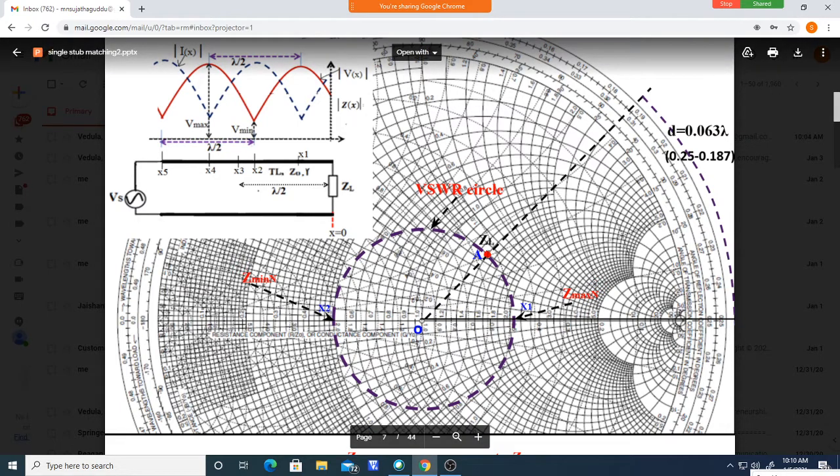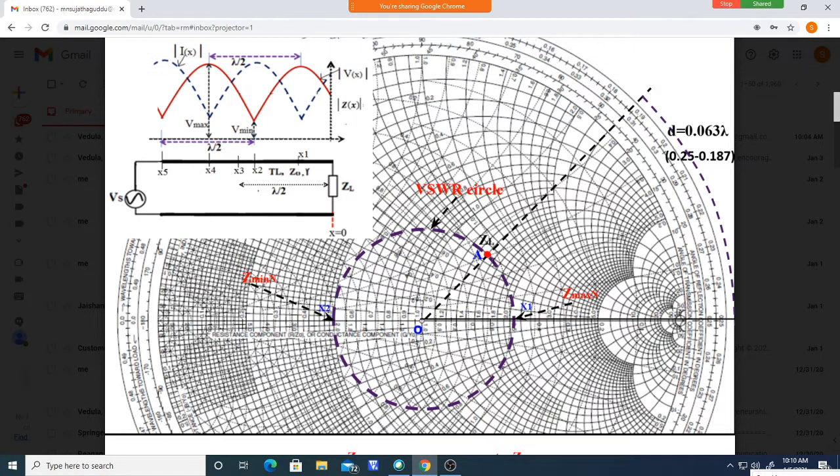So starting from here, you move and you can see the impedance variation. And the distance also: if you move up to this point, how much distance you moved from here to here, and what is the impedance here, that you can measure. Moving over the circle is nothing but moving on a transmission line.